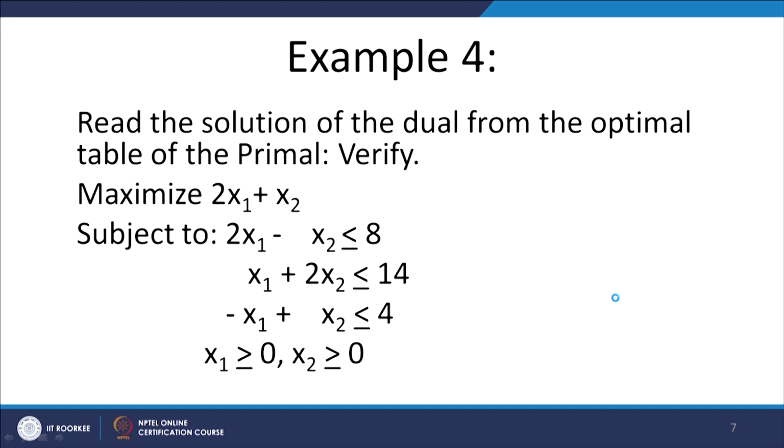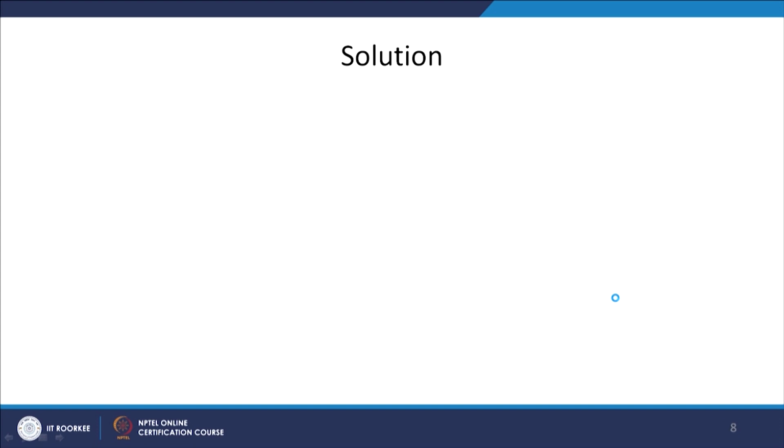Now, although it is a 2 variable problem, we can solve it graphically, but since we want to find out the solution of the dual from the optimum table of the primal, we need to solve it using the simplex procedure. So, let us see how we will solve it.